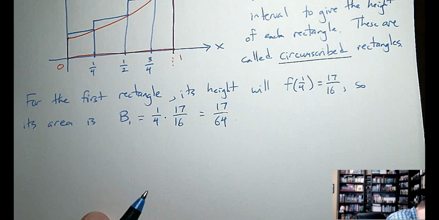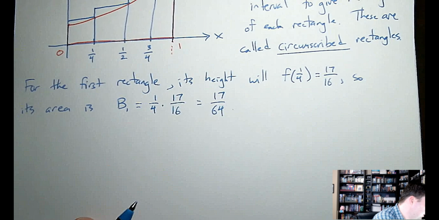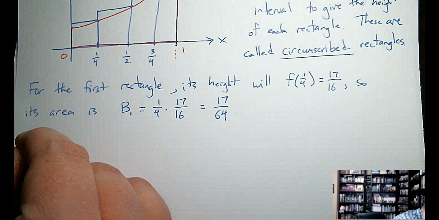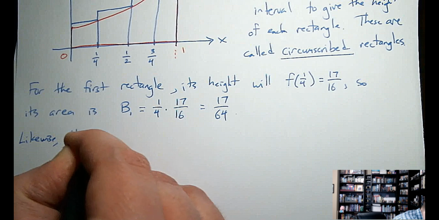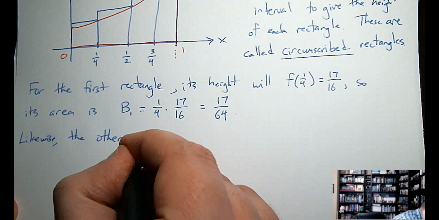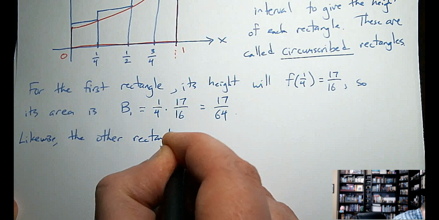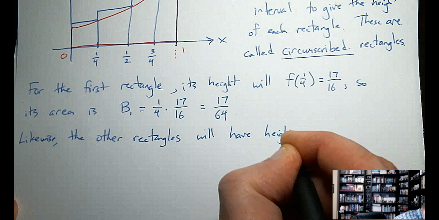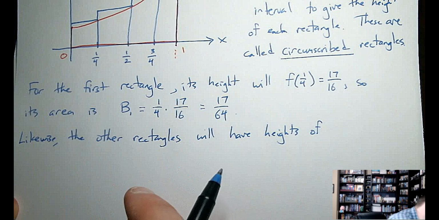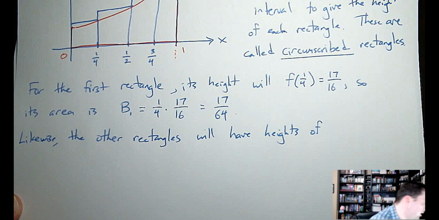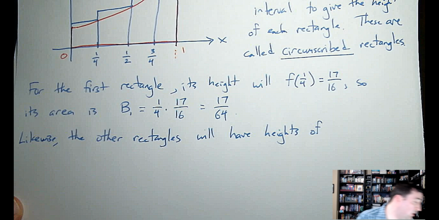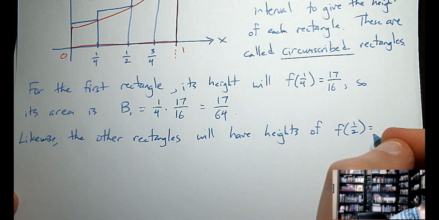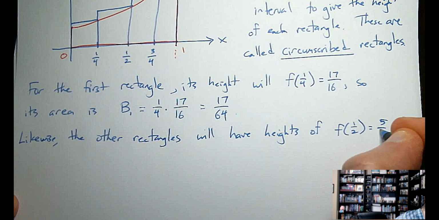So I'm not going to write all of this out again in full detail, but we can say very briefly the other rectangles will have heights. Well, first of all, rectangle number 2 has a half as its right endpoint. So its height will be f of a half, which we've already calculated to be 5/4.